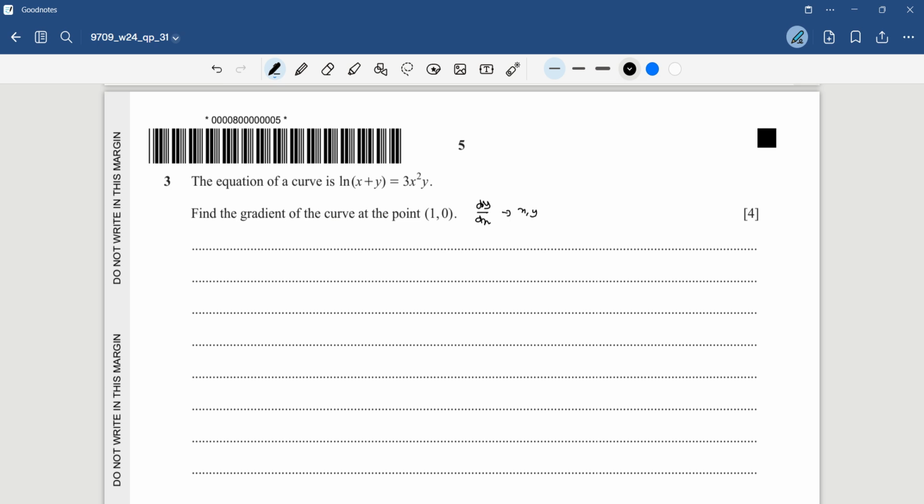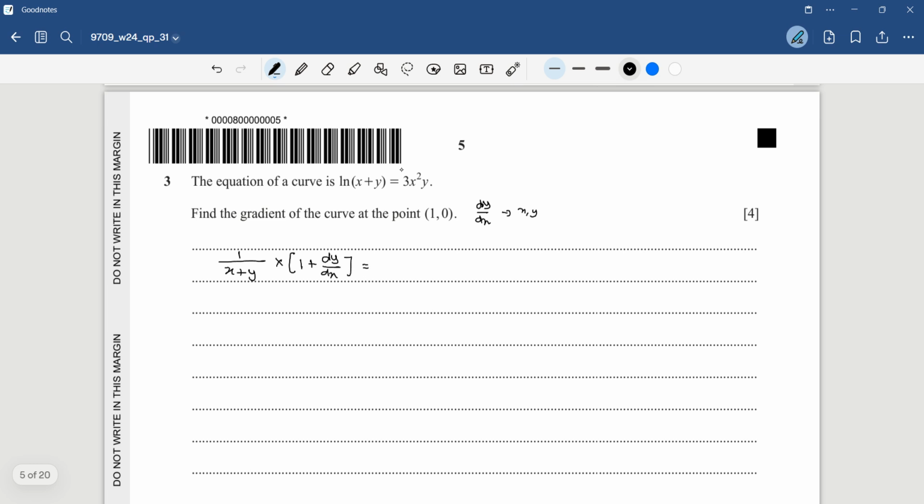When x equal to 1, y equal to 0. So we differentiate first. You differentiate ln x, you will get 1 over x plus y multiplied with, you differentiate x, you'll get 1. You differentiate y, you'll get dy over dx.